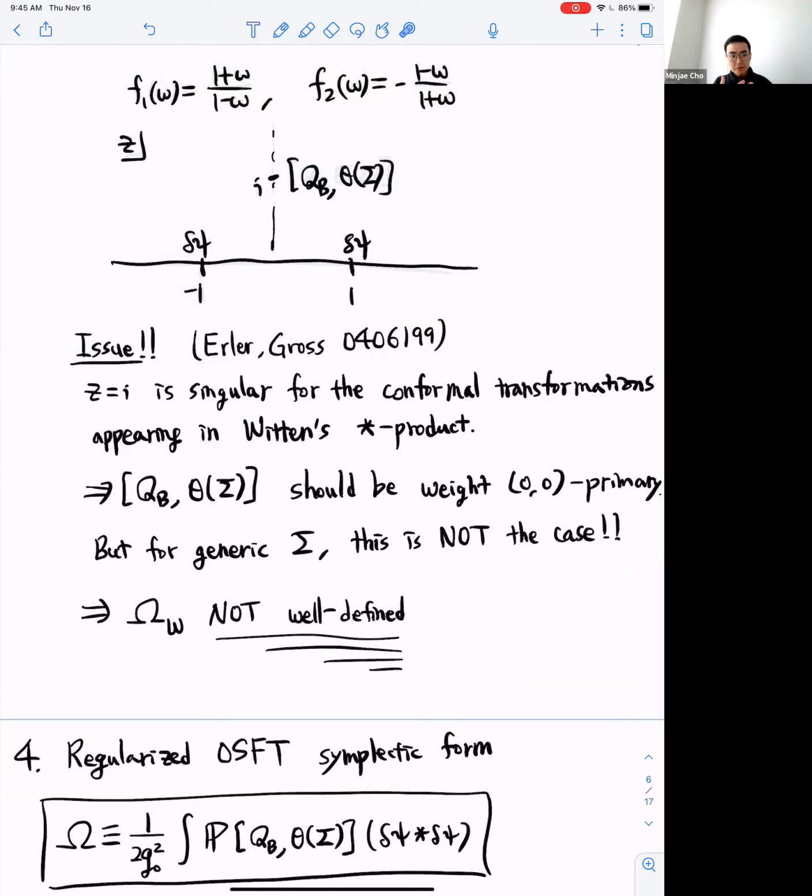People in this audience know very well that this point i, this midpoint, is a very singular point. And what do we mean by that? It's singular as soon as you try to apply any conformal transformation which arises in Witten's star product story. So it is singular for the conformal transformations appearing in Witten's star product.